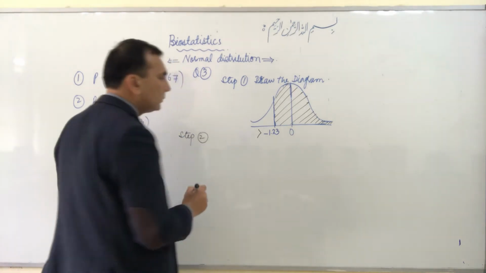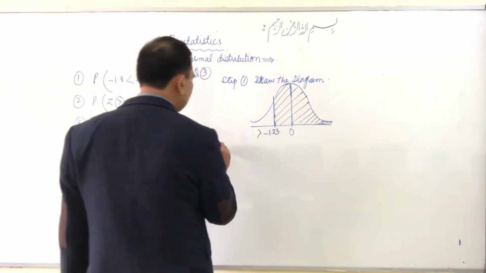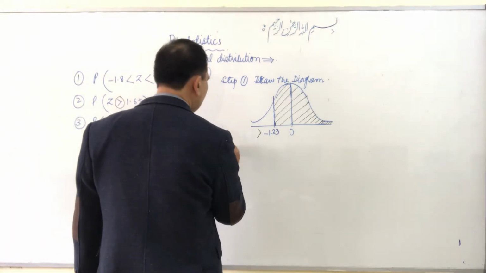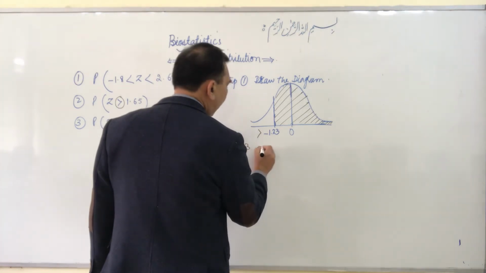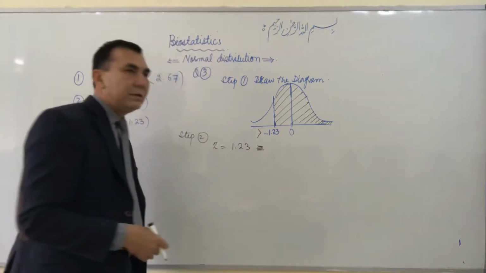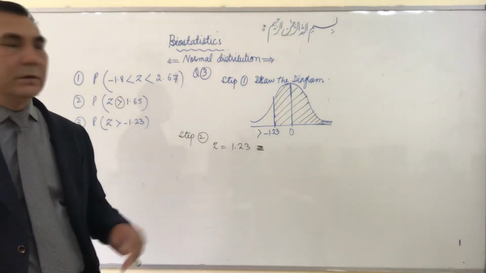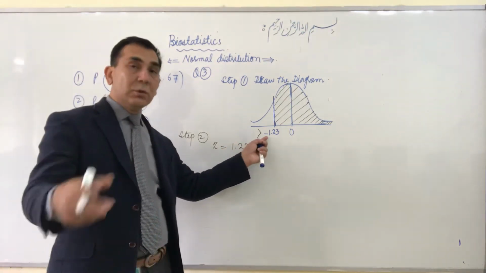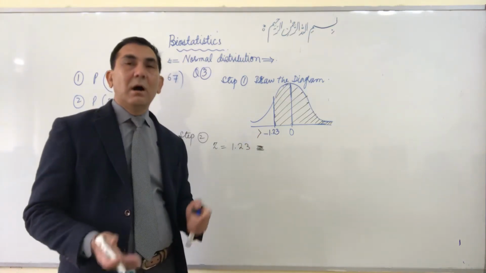In step number 2, we find the z-score value. What is the z-score? Minus 1.23. Whether the question gives a minus or a plus value, the proportion is similar.